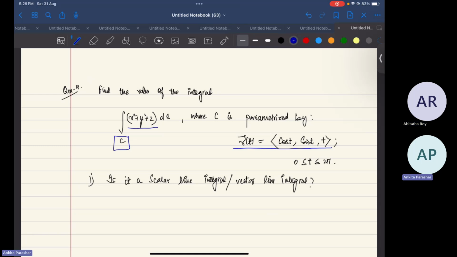Why? So scalar and vector, we have these notions for what? We defined these notions just in the beginning.